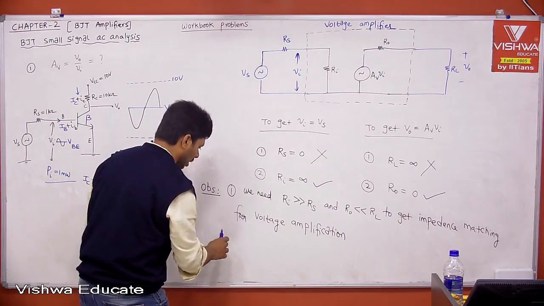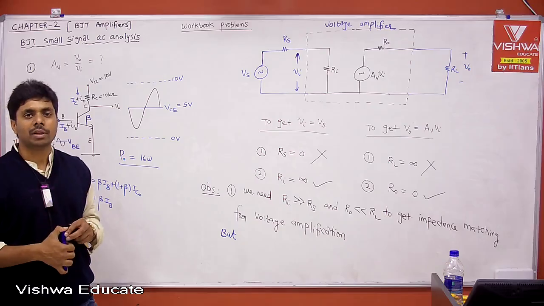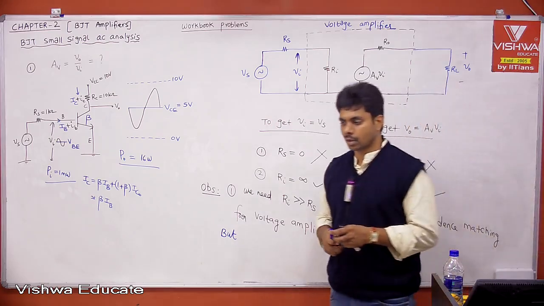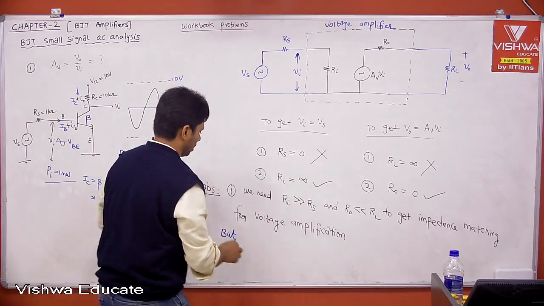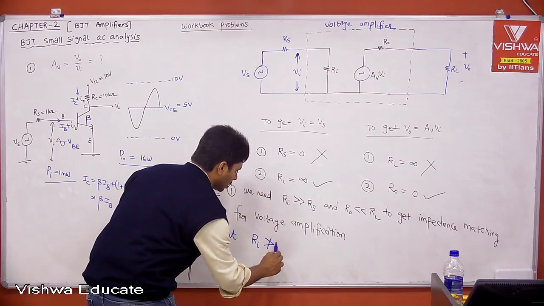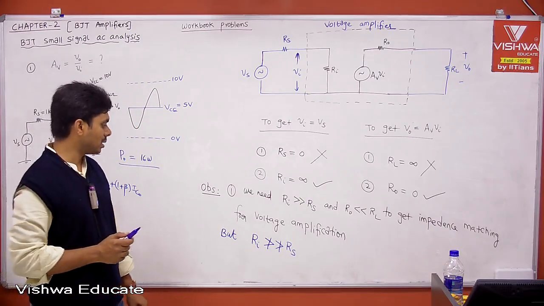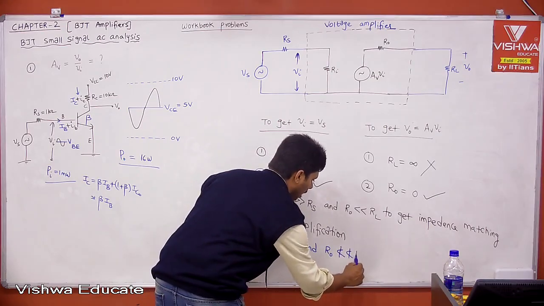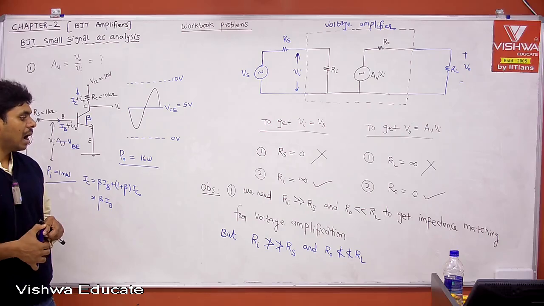But, write down, continuation. But from the common emitter amplifier, Ri is not very much greater than Rs, and R0 is not very much lesser than RL.